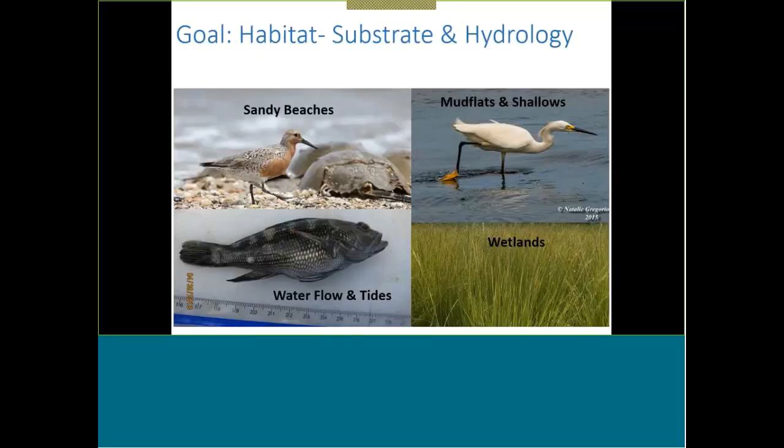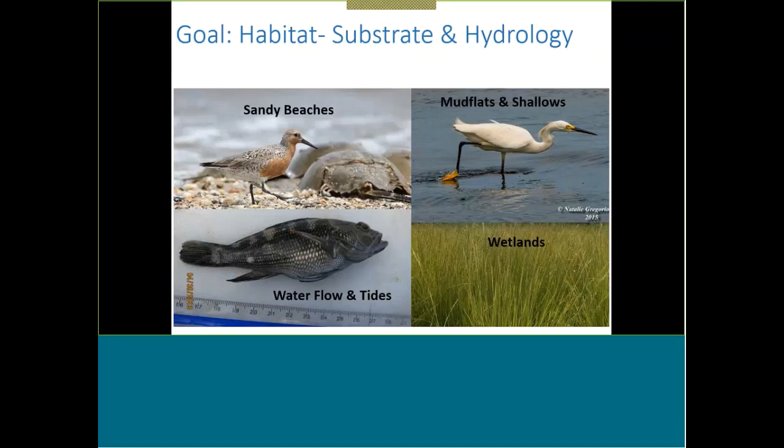So jumping into the goals. Habitat goal: you may come at this from the standpoint of wanting to create certain substrate or certain hydrologic conditions for certain species. So maybe you're in an area and you have shorebirds and horseshoe crabs, and you want to make sure that when you design your living shoreline you are still providing the right conditions for those. That may be difficult.